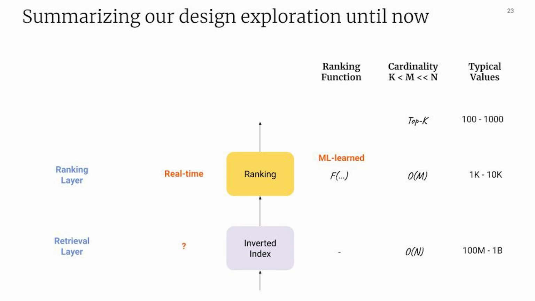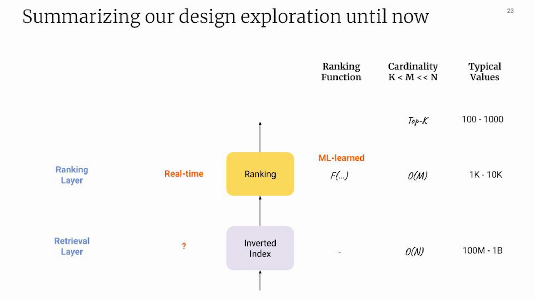And so bringing back to where we are in this design exploration, we have the ranking, which is a machine-learned function. We have ranking, which is real time, which by its very nature also introduces some constraints.